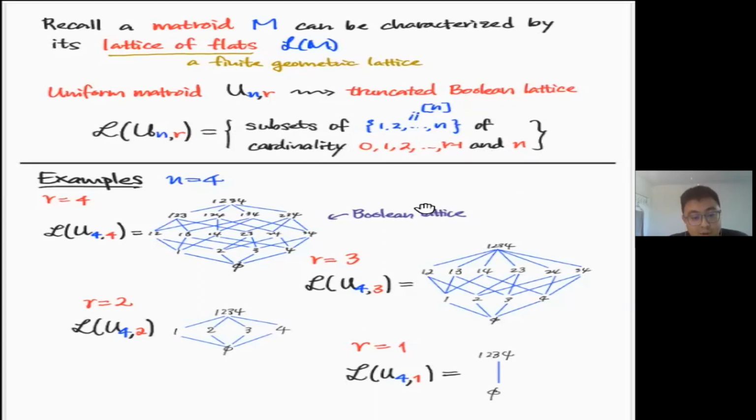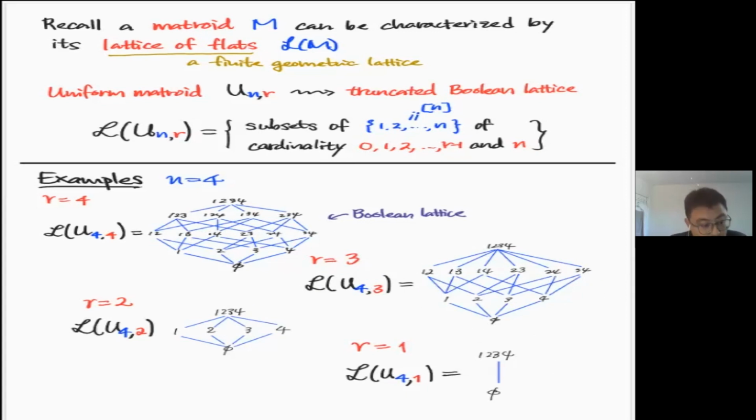For example, when n equals 4 and r is 4, the lattice is just the whole Boolean lattice, all the subsets of 1, 2, 3, 4. When r is 3, the rank is 3, we truncate all the subsets of cardinality 3, and we get this lattice of flats. When r is 2, we further truncate the cardinality 2 subsets.